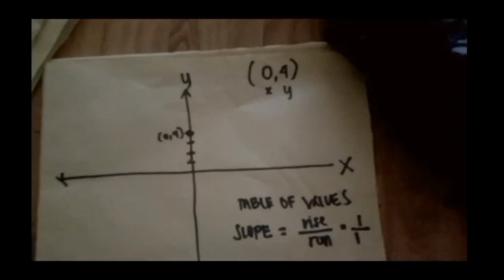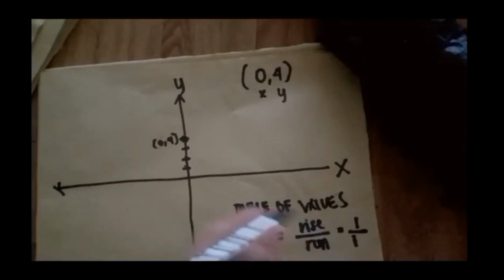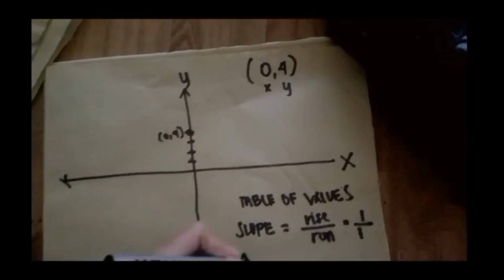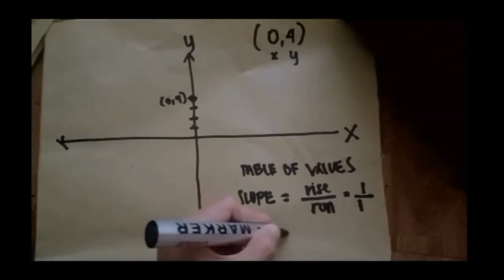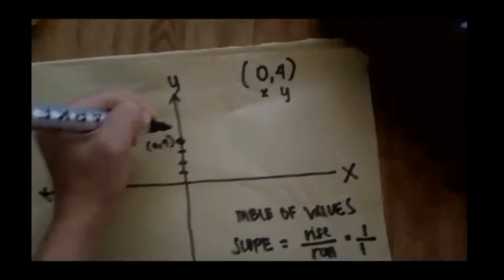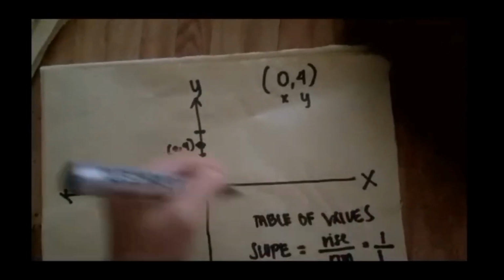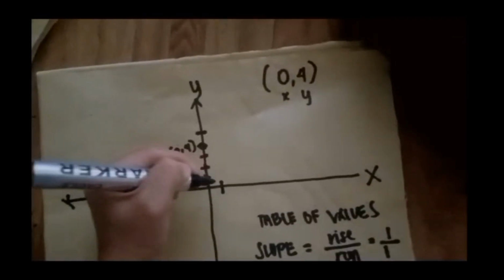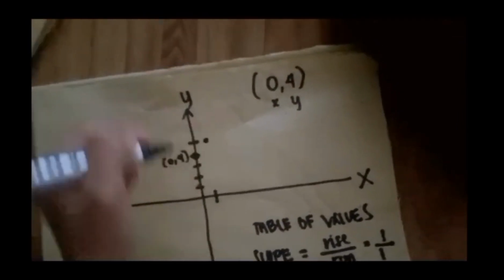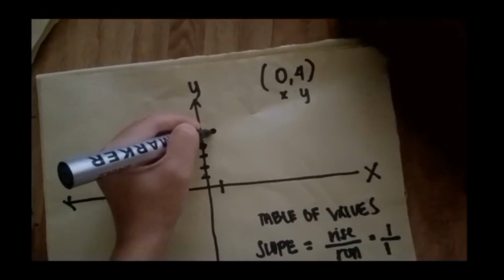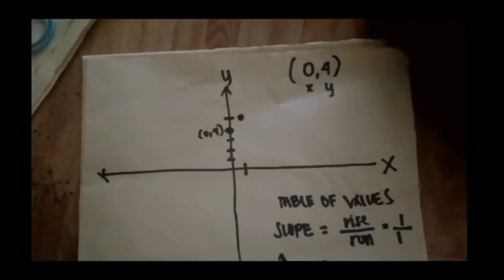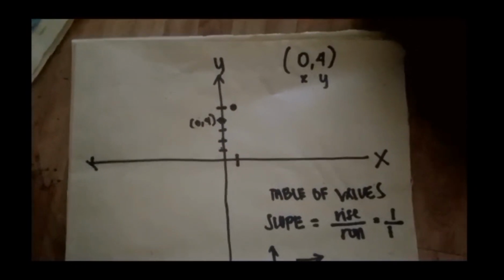So since rise siya, mag-add tag 1 diri, add pod tag 1 sa run. So i-locate na sad nato, naa na diri ang ordered pair.